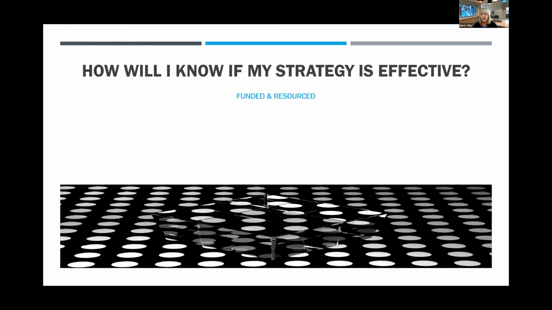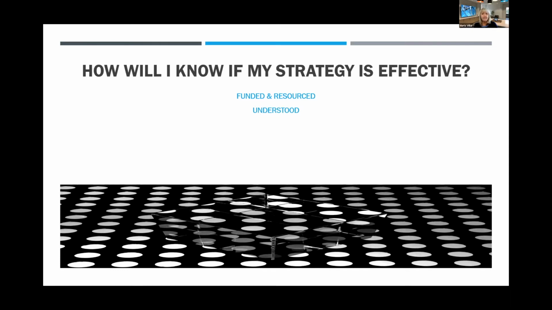Getting the funding is a good indicator of success, but so is getting approval to hire, because oftentimes I see there's some money but no people. If you get both funding and resources, that's a very good indicator that your strategy is effective. And if you're not, I think it's time to reevaluate your strategy approach.